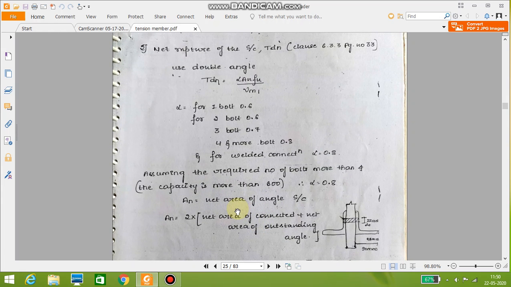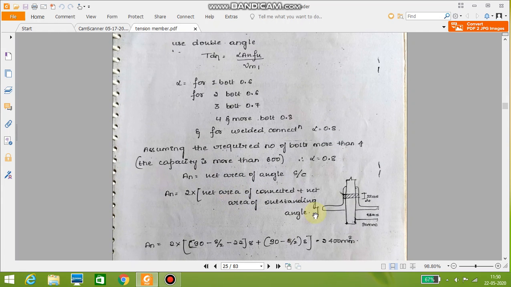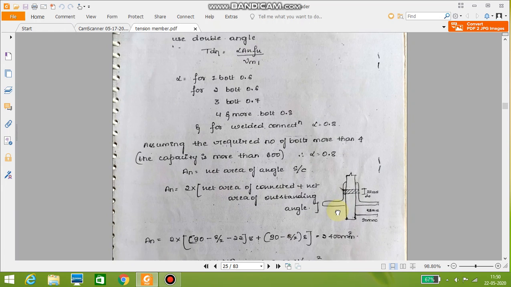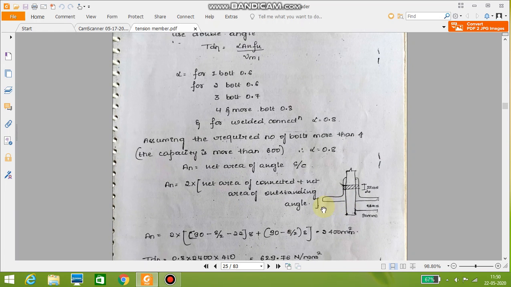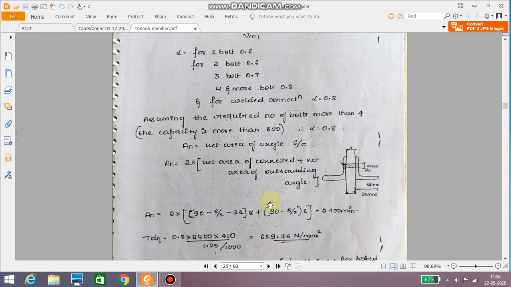Now, An is the net area of the section. Whenever you have a bolted connection, you have to reduce the bolt diameter here. So An equals 2 into the net area of the connected leg plus net area of the outstanding leg of the angle. So An equals 2 into [(90 minus 8 by 2 minus 22) into 8, where 8 is the thickness, plus (90 minus 8 by 2) into 8].